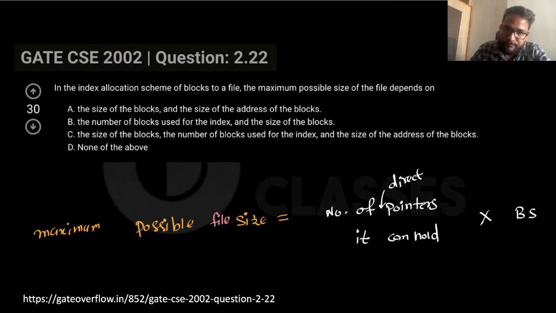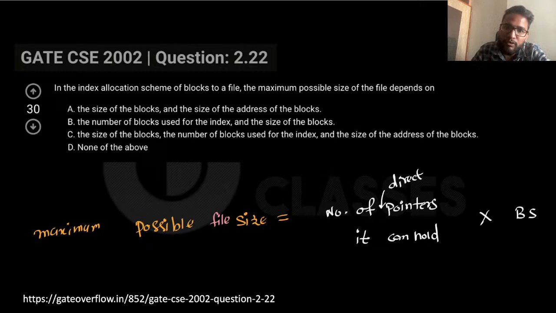Size of the blocks, and the size of the addresses of the blocks. Does this depend on the size of the blocks? Yes, definitely. And the size of the addresses of the blocks. Yeah, it depends on these two.